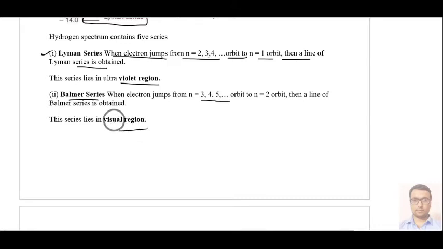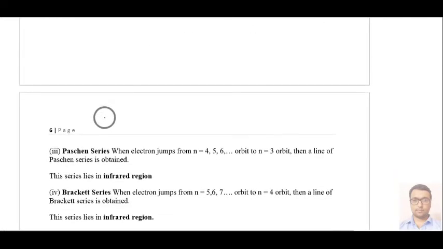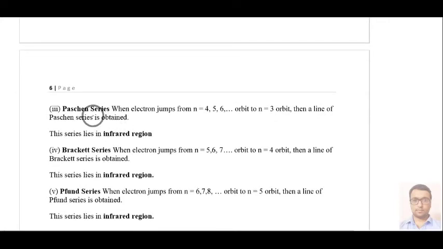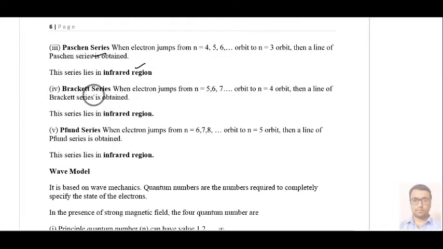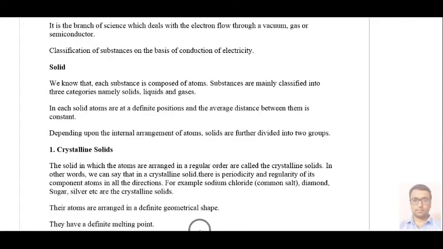You have to remember these ranges: the Balmer series lies in the visible range, and Paschen is infrared. After that, in the Brackett series we have wavelengths of the infrared region, and again in the Pfund series we have the same, that is, the infrared region.